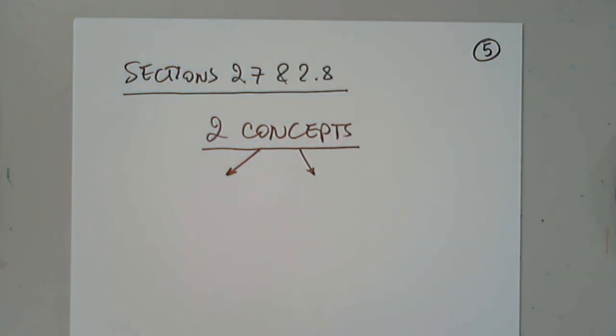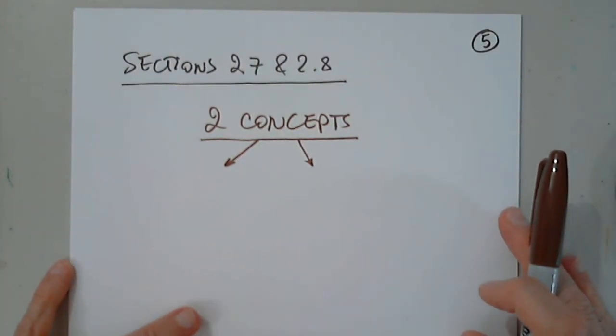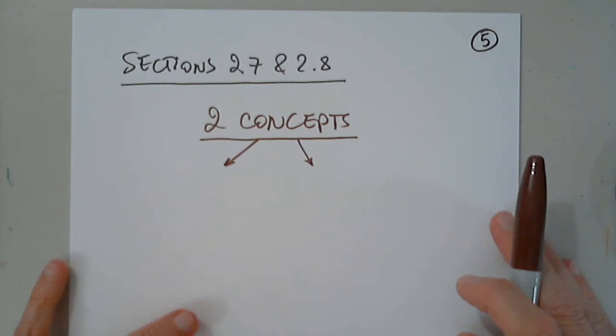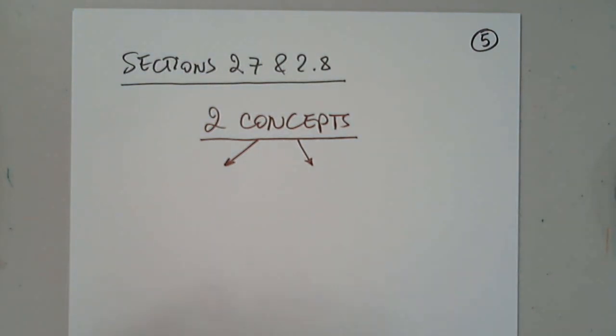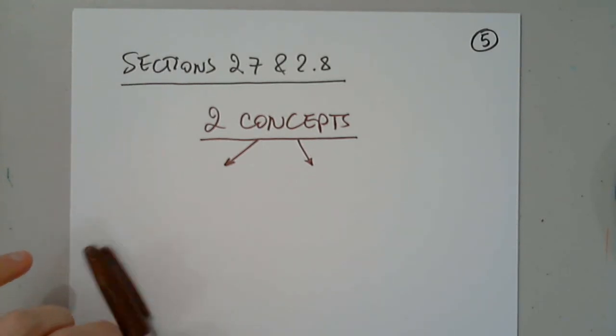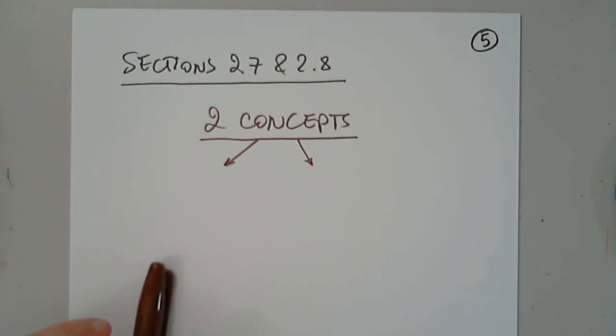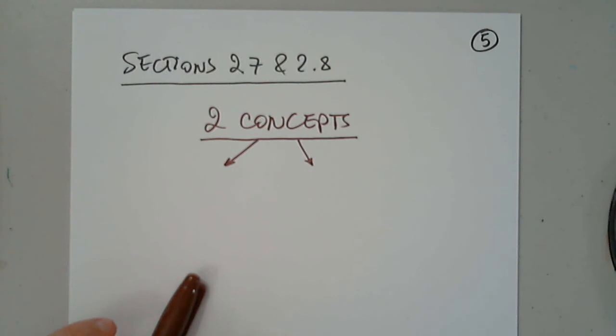Something that I always said, it's major, it's major, it's major. Very important. Can you think of 2 concepts that we looked at? Big concepts, core situations that we looked at in this chapter. What was major in this chapter?